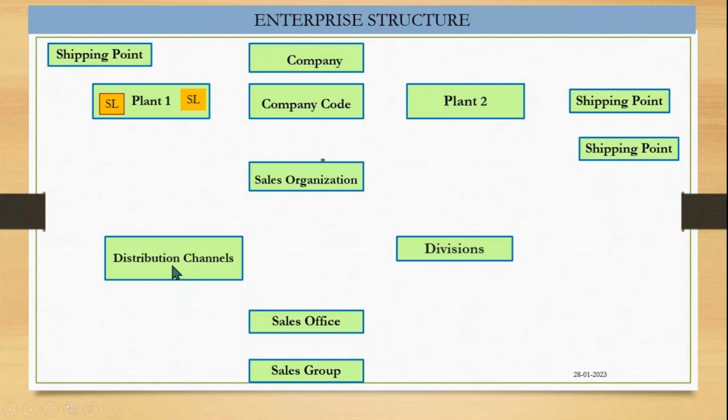For distribution channel purposes, let's say we have a direct sales outlet where customers can come and purchase the material, and some customers buy through online sales. That is one distribution channel. And for some customers, we keep our materials with the retailers and with the wholesalers.